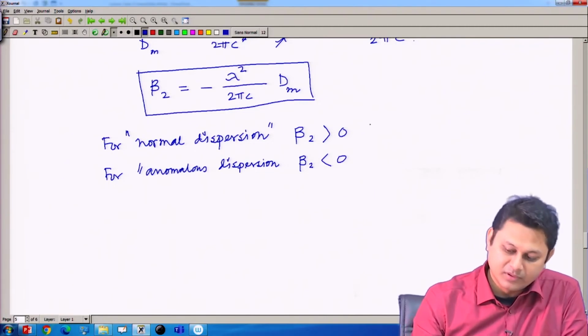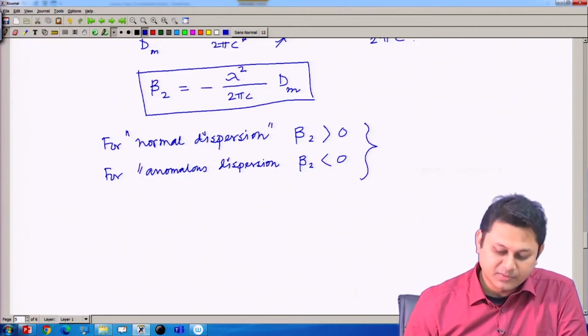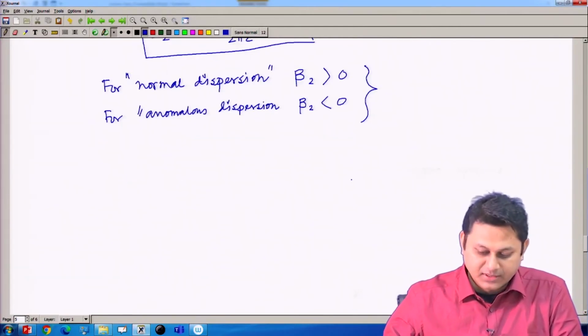This is a very important concept: for normal dispersion we have beta 2 greater than 0, and for anomalous dispersion we have beta 2 less than 0.